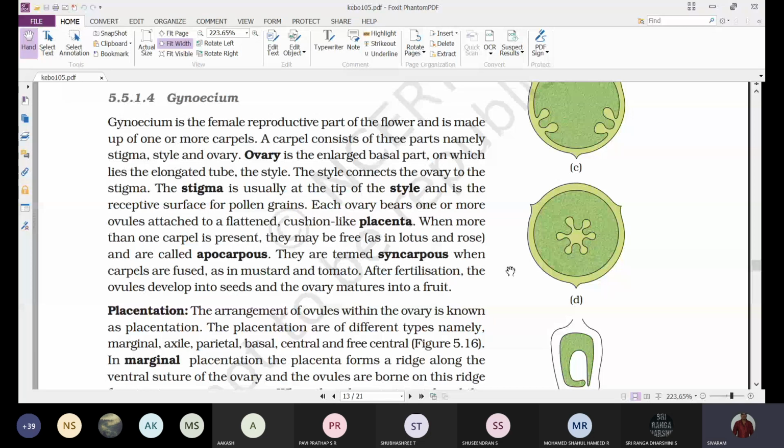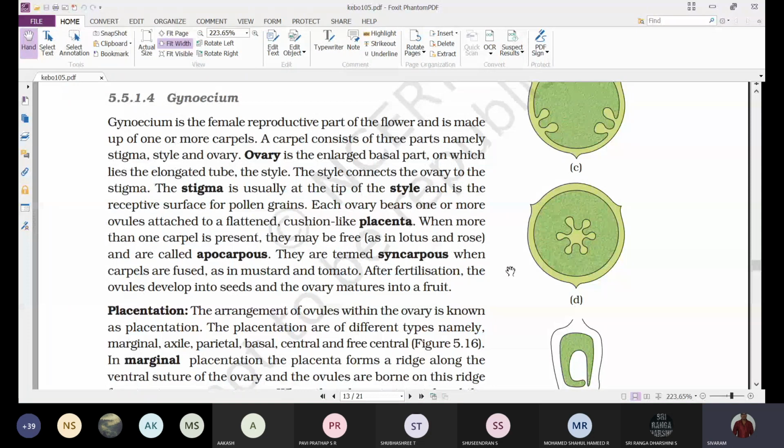So the gynoecium is the female reproductive part of the flower and is made up of one or more carpels. The carpels represent the female reproductive organs, and usually there may be one to many.